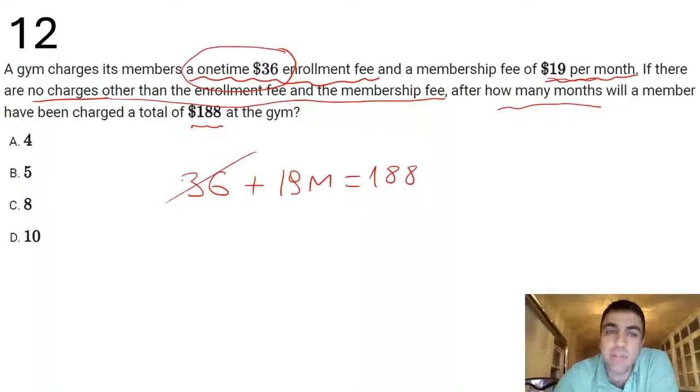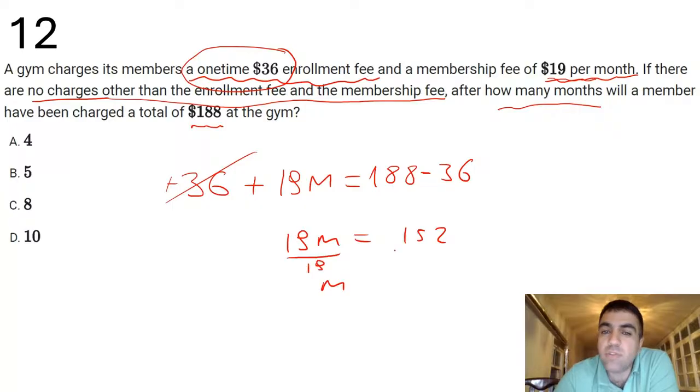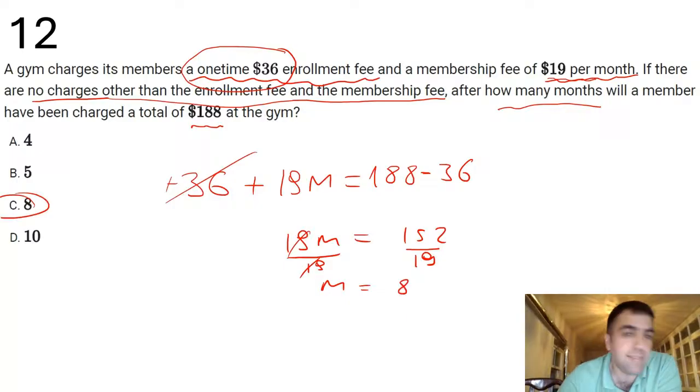If it is plus, it should be minus on the right side of the equation. 19M is equal to 251, and we can divide both sides of the equation by 19, and we get M is equal to 8. The correct answer was C.